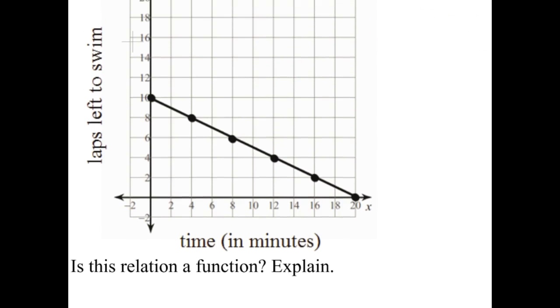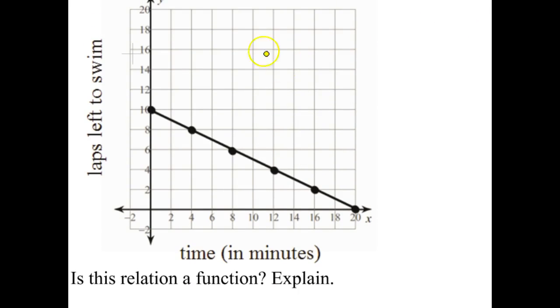So is this relation a function? We use something called the vertical line test. Basically, if you draw a vertical line anywhere, and it only touches one point at a time, then that means yes, it is a function.